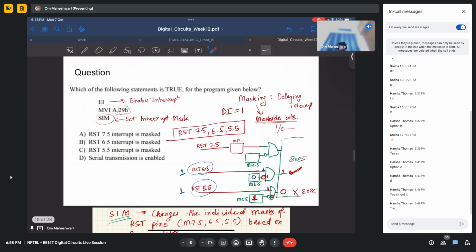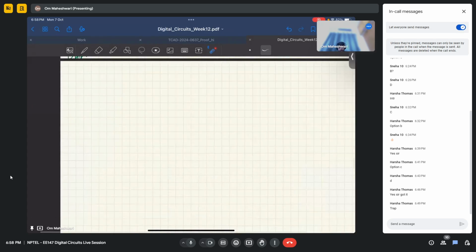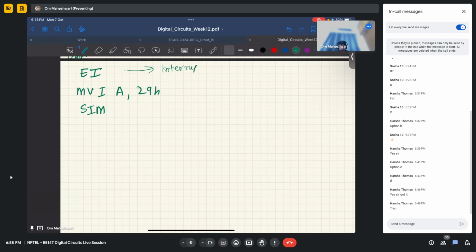Now coming back to our program, we have EI, then we have MVI A, 29H, then we have SIM. So EI is interrupt enable. So we have enabled the interrupt enable flag. So any interrupt can come in your code.